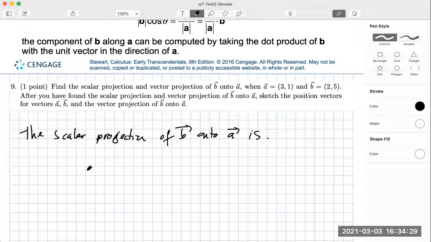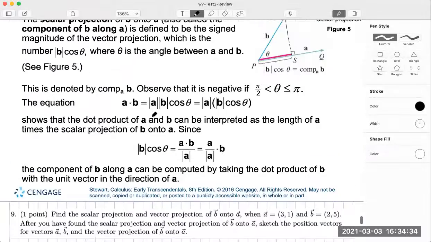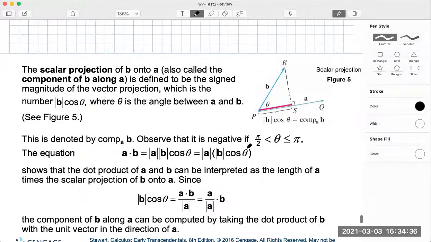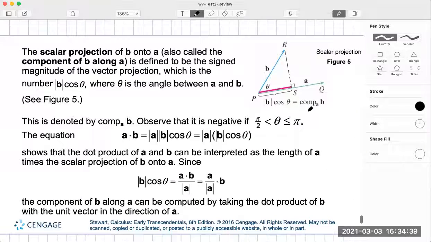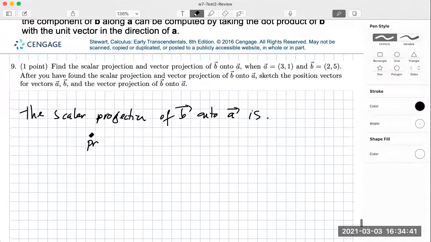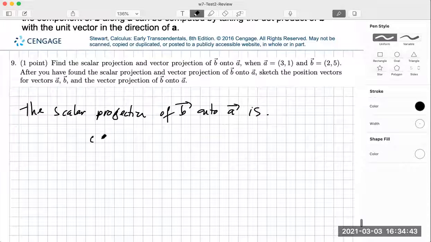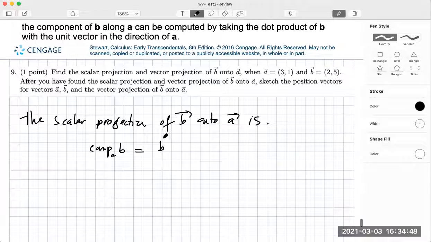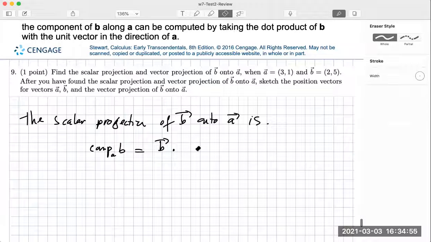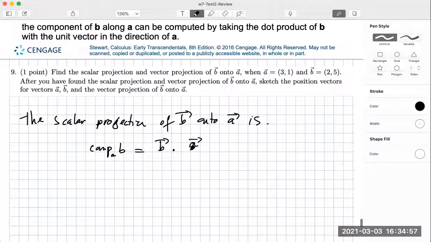So the scalar projection, let us call it comp_A B here, which will be the vector B dotted with the unit vector in the vector A direction, which is A divided by the magnitude of itself, right?